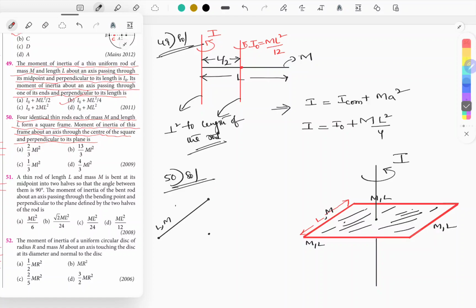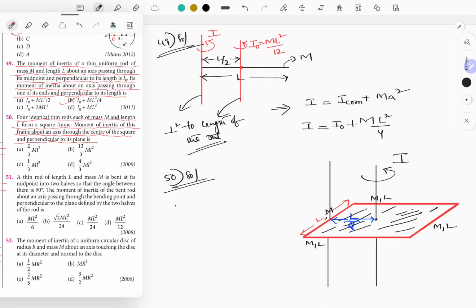The distance of the center of mass from each rod is going to be L by 2, right? So this axis is at a distance of L by 2. I need the moment of inertia through this point.